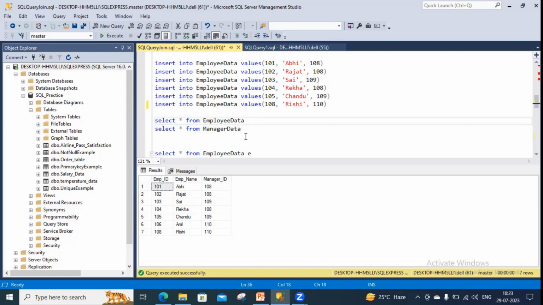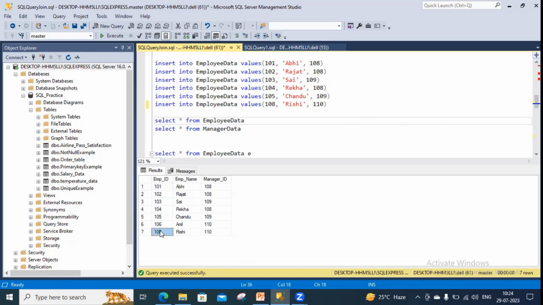But then the importance of primary key and foreign key comes when there is lots of data and you need to maintain uniqueness in a particular column to join with the other column. So primary key and foreign key are required at that time, but as a small practice, it's fine.